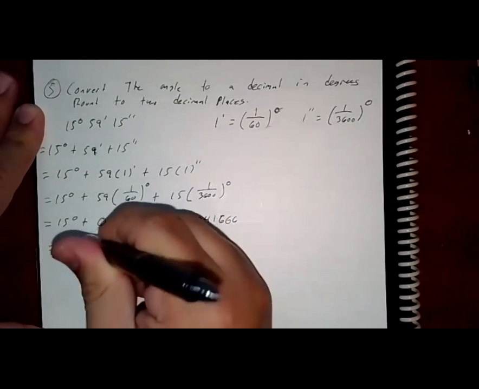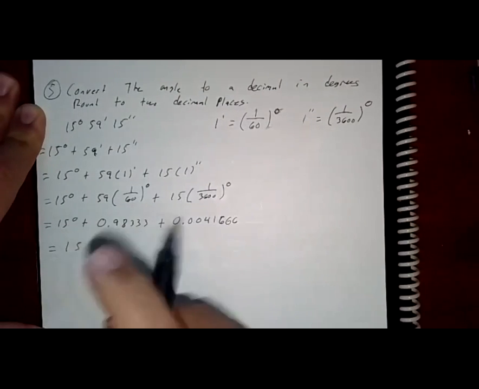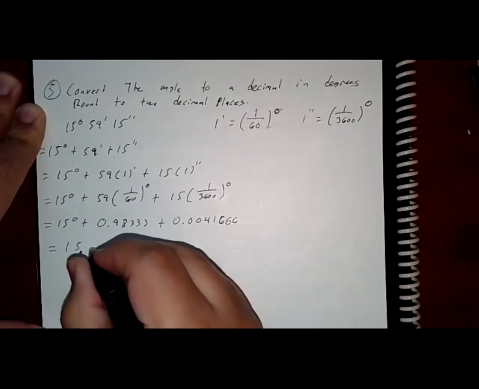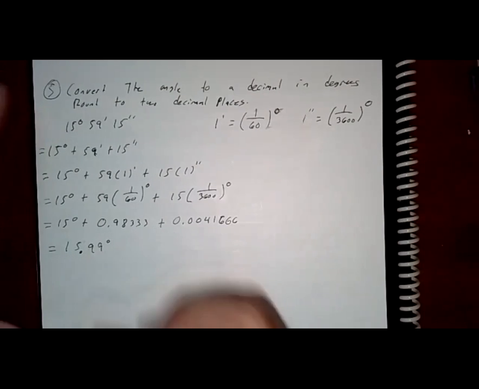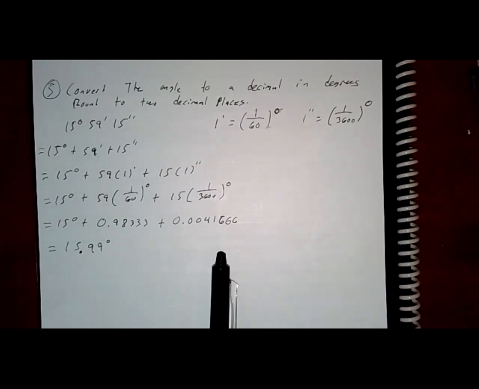Actually, degrees goes at the end. Yep, looks like D is 15.99.